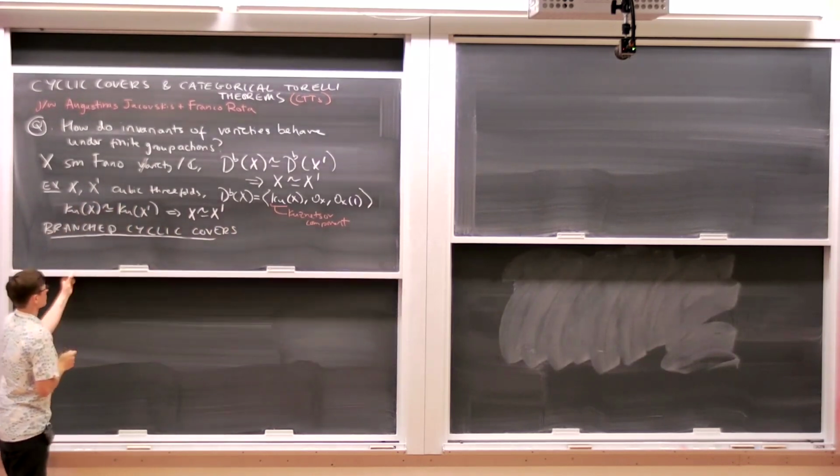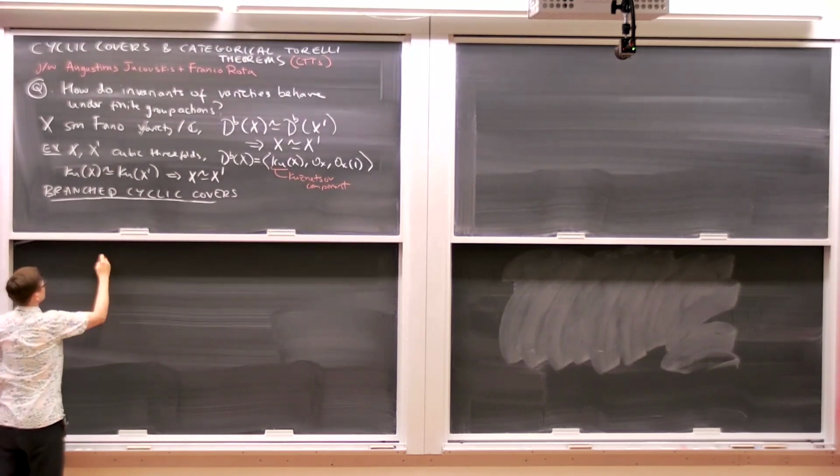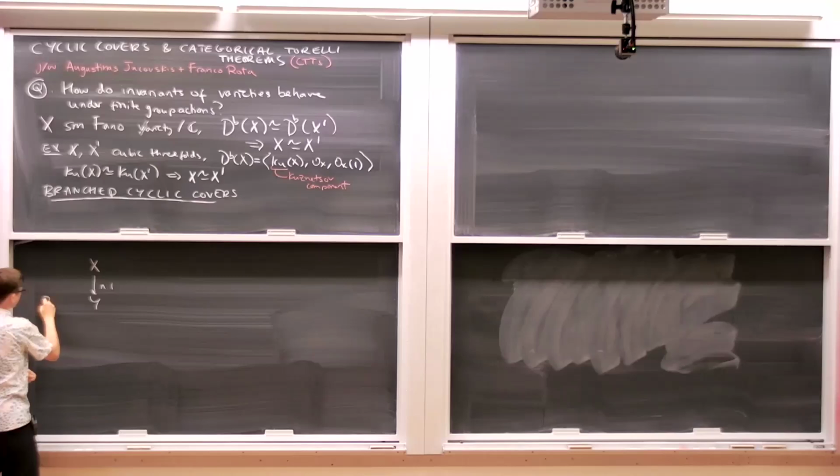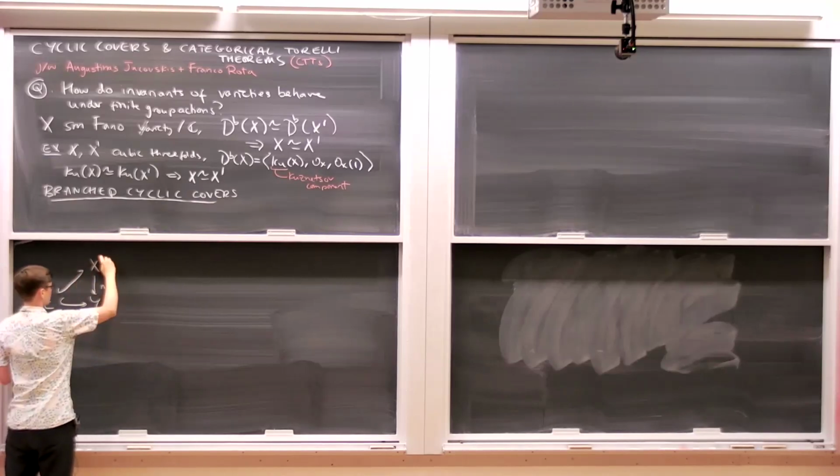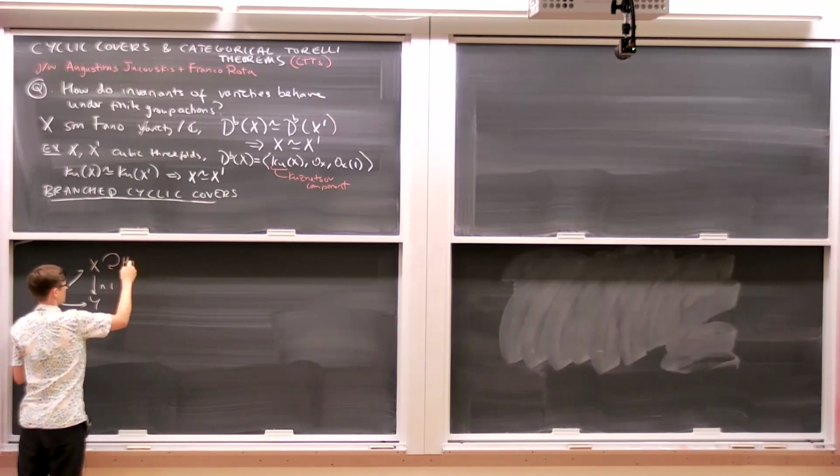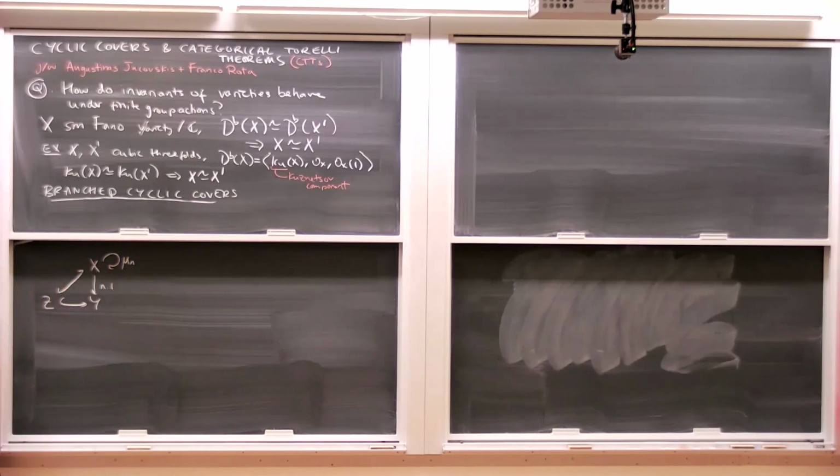So I'm interested in branched cyclic covers. Suppose we have an n to 1 cover branched in a divisor like this, with an action of the cyclic group of order n on the top.